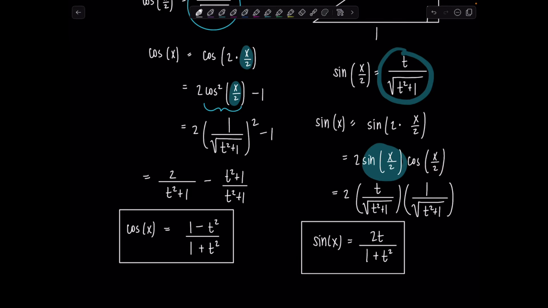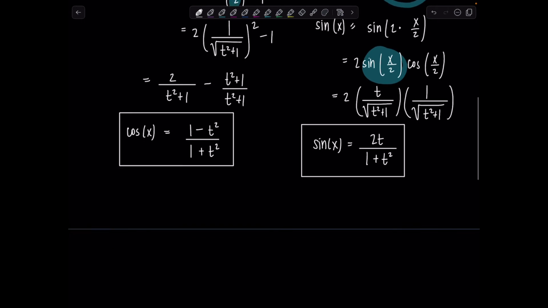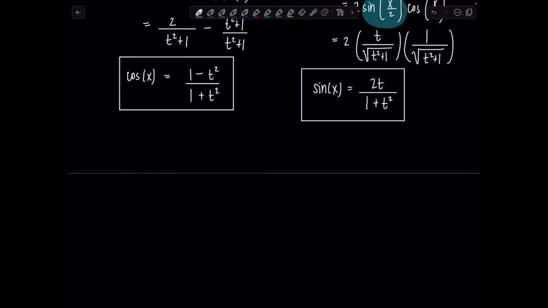All right, the only other thing we need is our related differential. I need dx in terms of t and dt. So remember, our original substitution was that we had let t equal tangent of x over 2, yes? And remember, I've restricted my angle on x, so it is within the range of tan inverse.